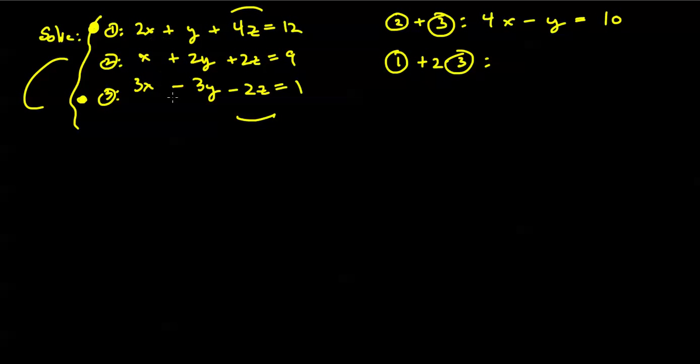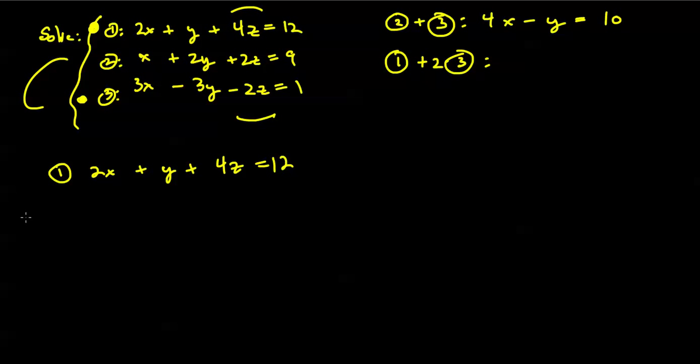Let's see, I'll get 2x plus 6x will give me 8x. Well, maybe I should write this down. Hang on a minute. Let me write it out. I'm going to say equation 1 is 2x plus y plus 4z equals 12.